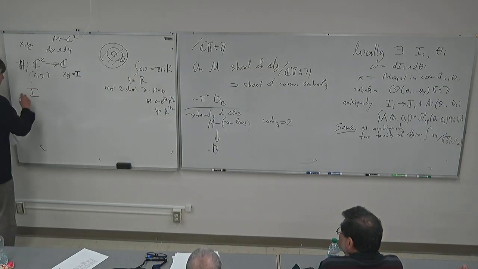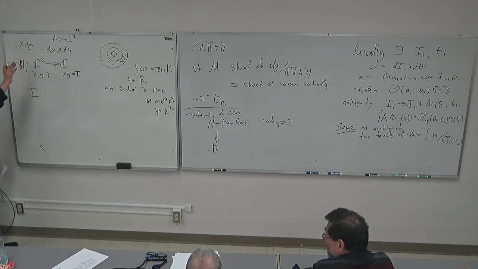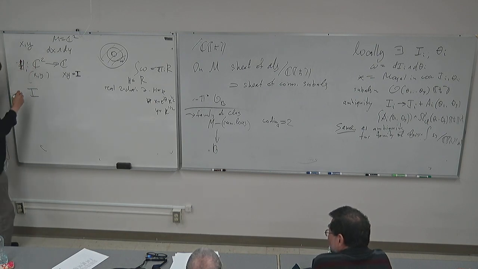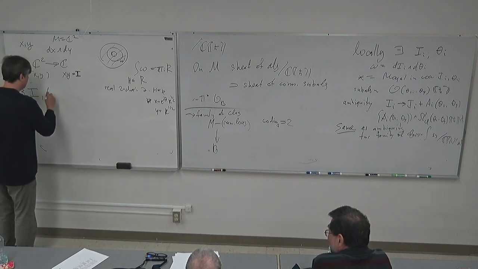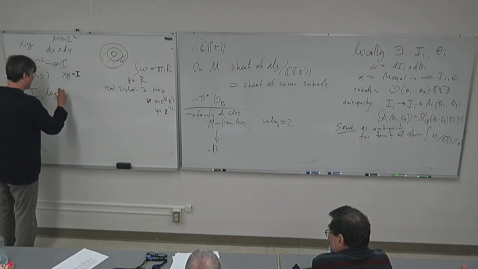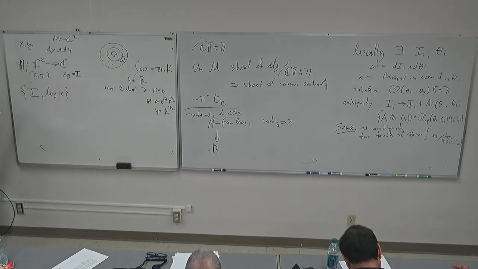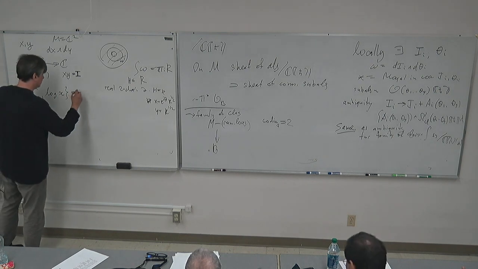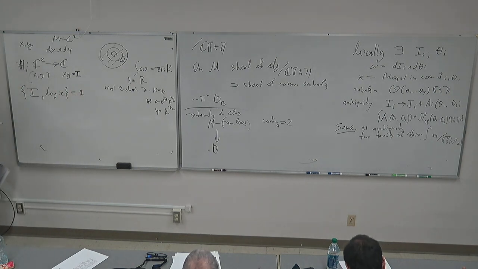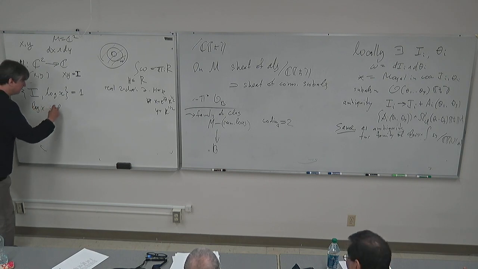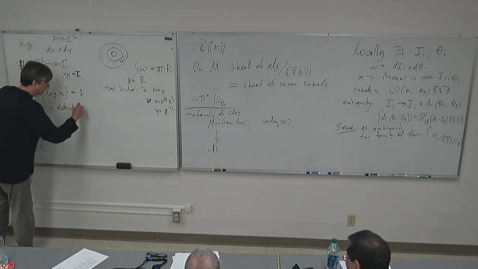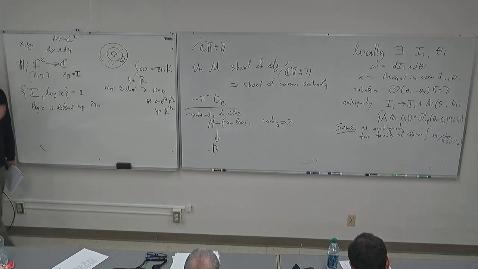The reason is that it's now in a pure classical situation, because I have the function log x, and if you calculate the bracket, you get 1. And log x is defined up to 2 pi I under monodromy.